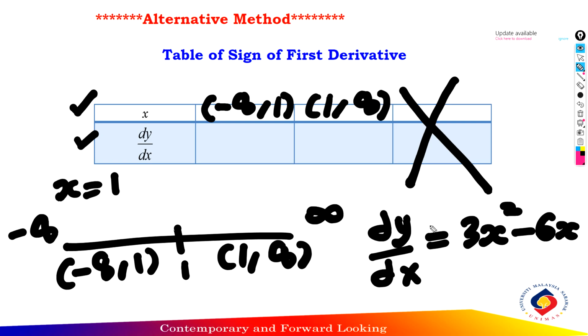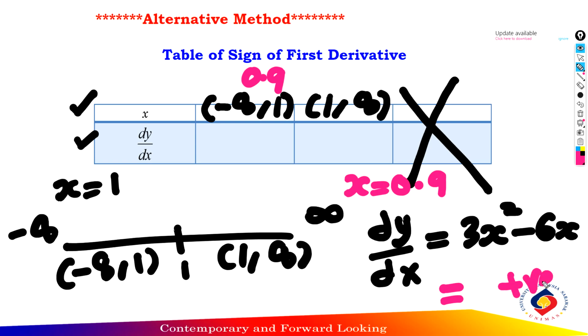So the first derivative equals 3x squared minus 6x. For the first interval, you pick the nearest value from the left, 0.9, and you substitute into the first derivative.